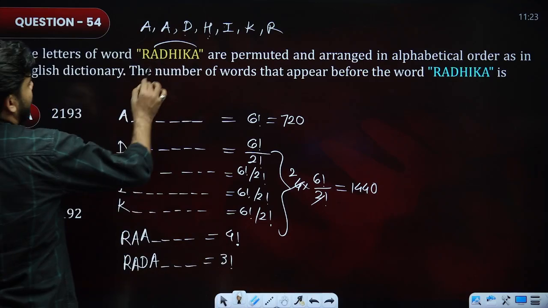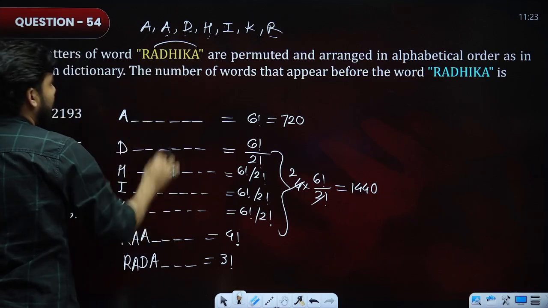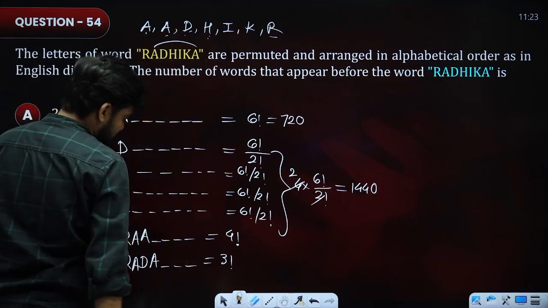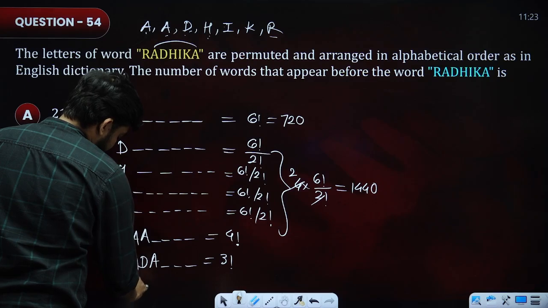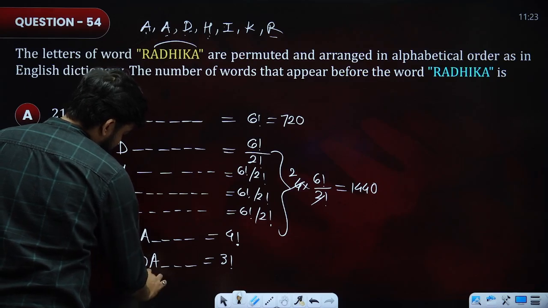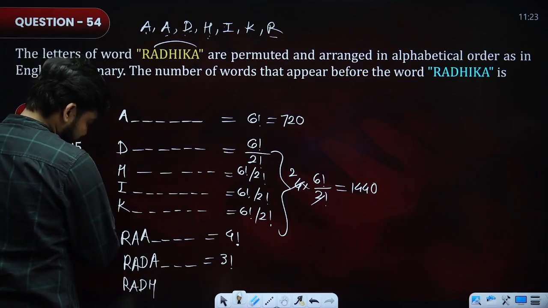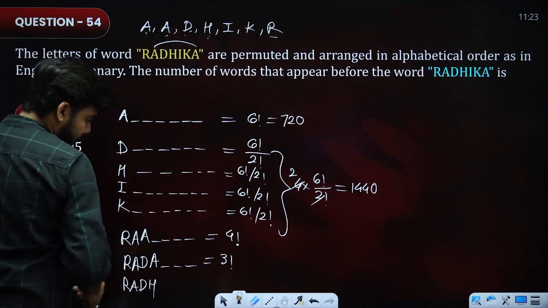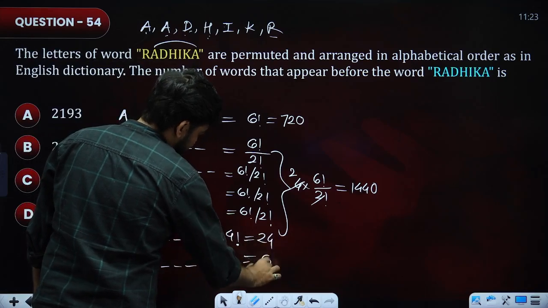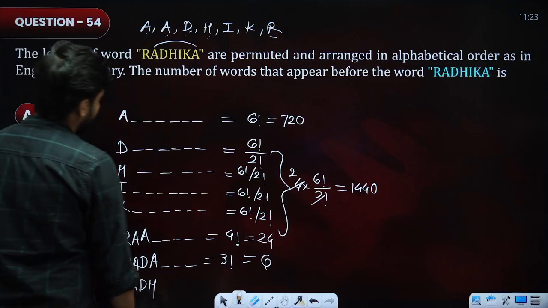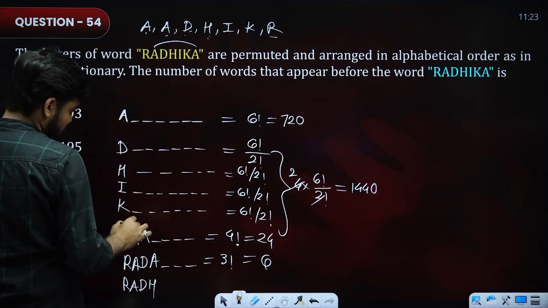I have used R, A and D. After A we have to use H, correct? So for that case R, A, D and H. And for H, after H we have, this is 24 and this is 6. So after H, if I take H, we have to first use which letter?